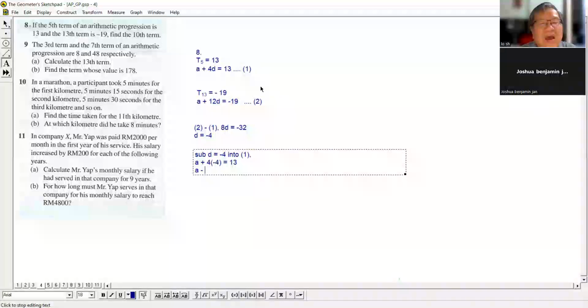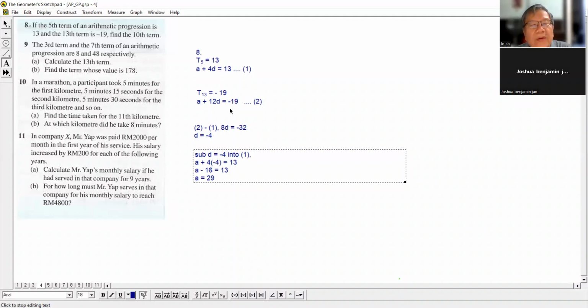Negative 16. A minus 16 equals 13. So what is A equal to? A equals 29, correct. Okay, so we know A equals 29, D equals negative 4.